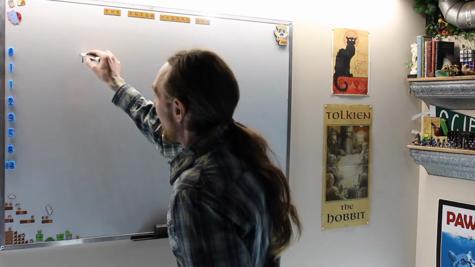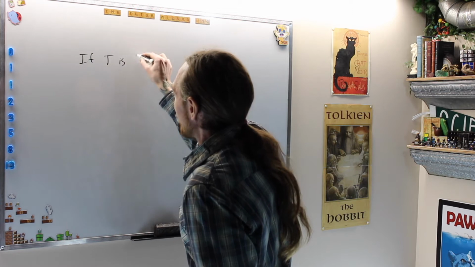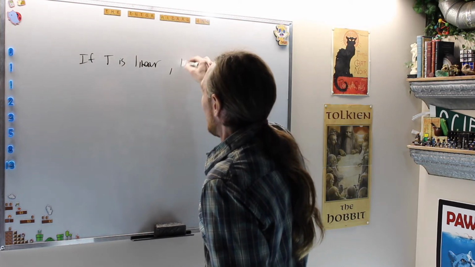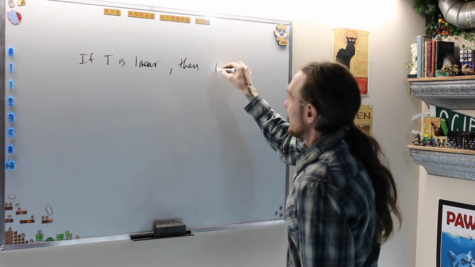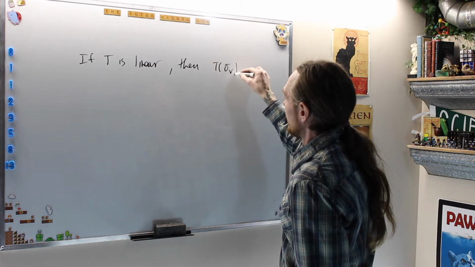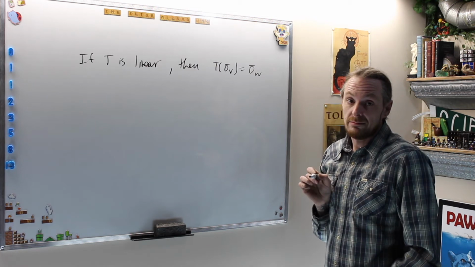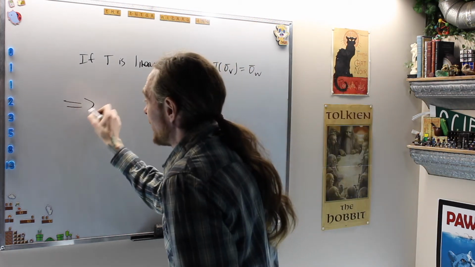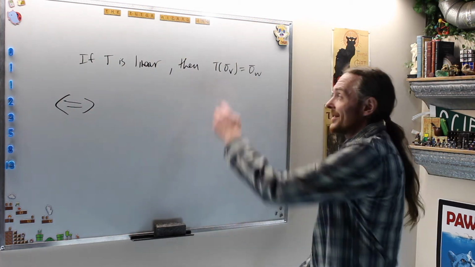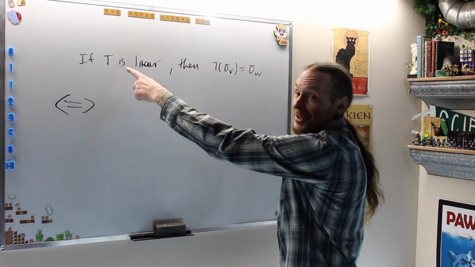the contrapositive of that statement, of how you would want to use it. If T is linear, then T of 0 equals 0. This is logically equivalent to the contrapositive statement, which says the negation of this implies the negation of this.